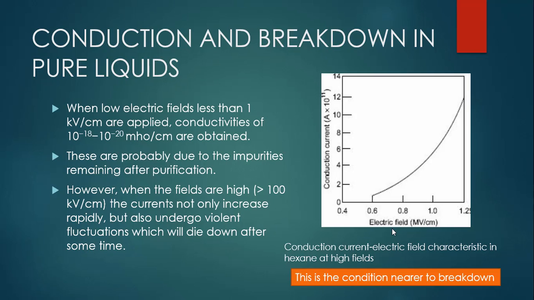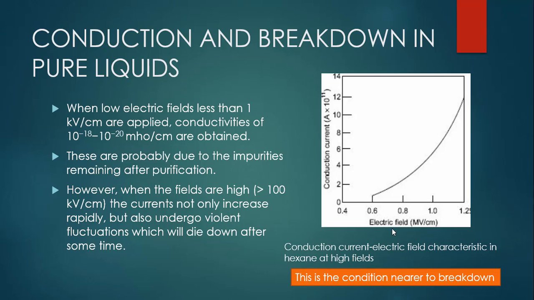However, when the fields are high, that is more than 100 kilovolts per centimeter, the currents not only increase rapidly but also undergo violent fluctuations which will die down after some time. Now this graph shows the typical mean value of the conduction current in hexane at high fields.